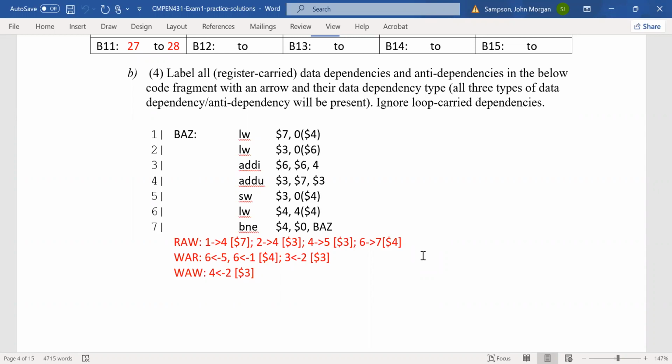Okay, great. I'm going to walk through this and find every use of register 7 until such a time as register 7 is redefined by somebody else, or I've run out of instructions. So register 7 is defined in 1. It is used in instruction 4, and that's it.